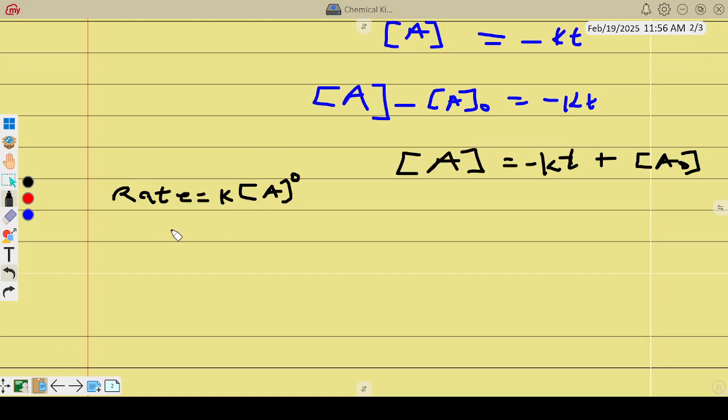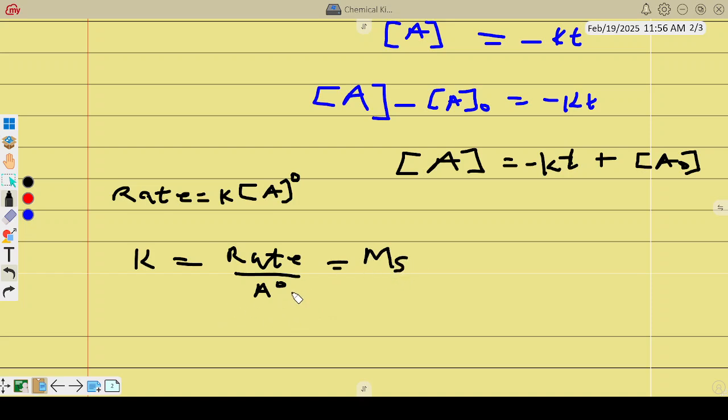Since this will just be 1, first let's make k the subject of the formula. k will be equal to rate over A power 0. So the units for rate are molar per second.